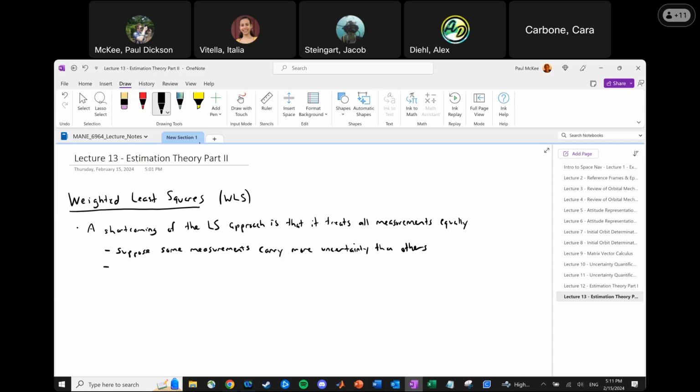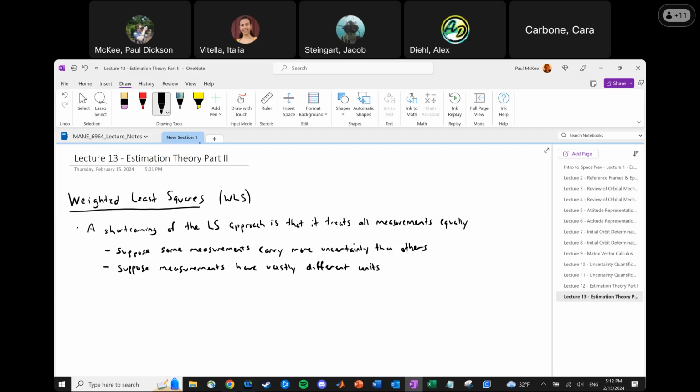Or suppose measurements are not all of the same type. Suppose measurements have vastly different units.